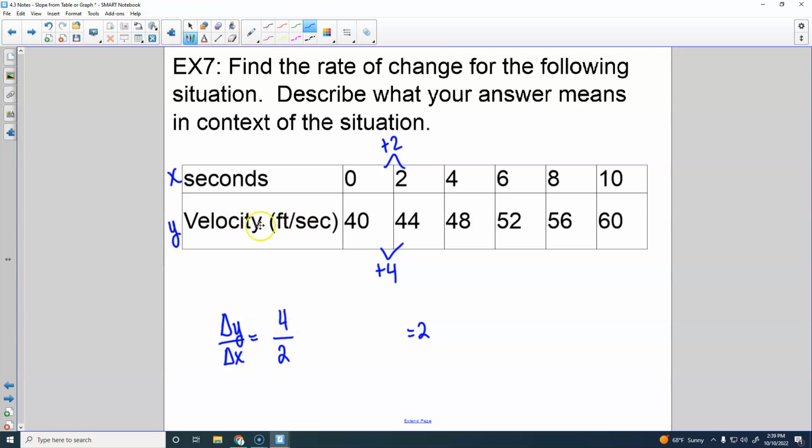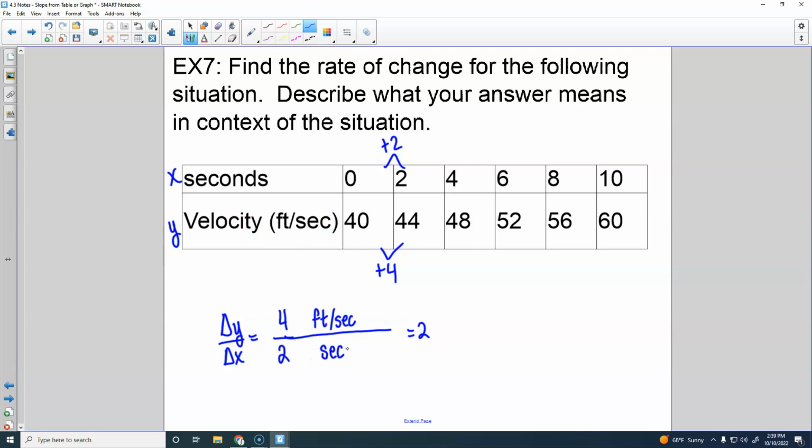How is velocity measured? I forgot. It's written right there. Feet per second. Okay? Feet per second. Velocity is measured in feet per second. So we've got 4 feet per second. What's 2 measured in? Seconds.